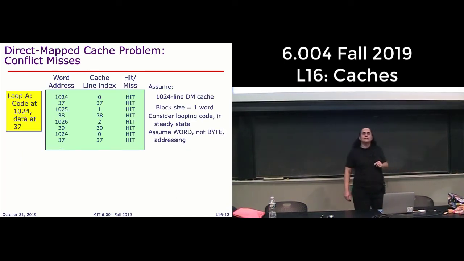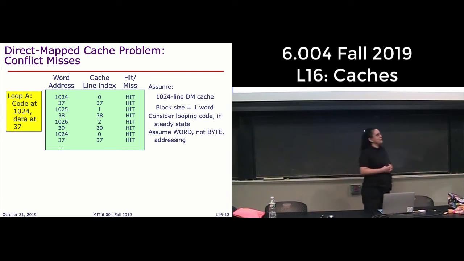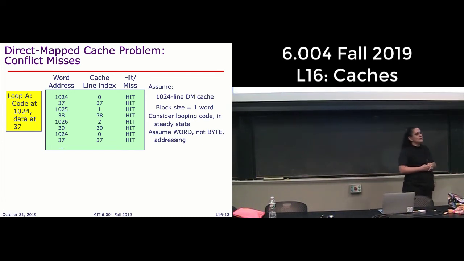All right, so next thing that I want to think about is, well, what kinds of things cause misses in my cache? Okay, and so we're going to look at this by looking at this example.